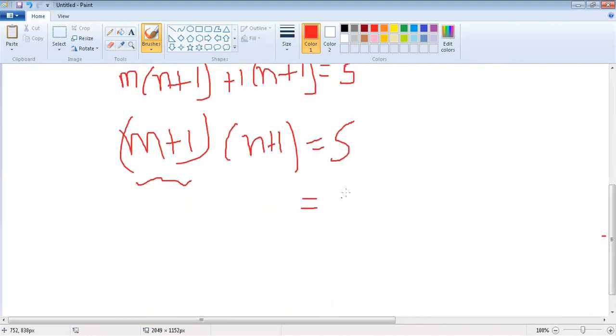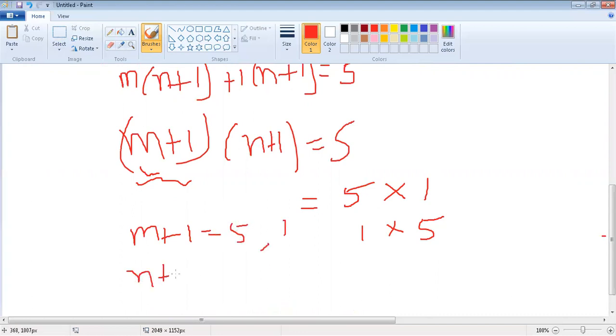So it can be written as 5 into 1 or 1 into 5. Both of these give values of m and n, because m plus 1 either equals 5 or 1, depending upon whether n plus 1 is 1 or 5.